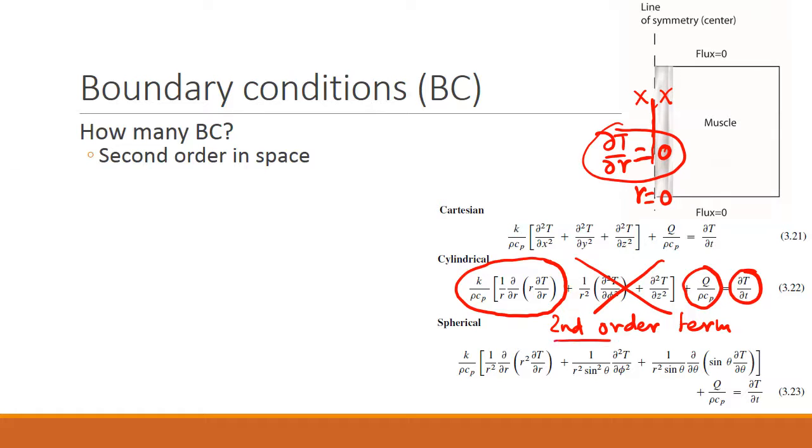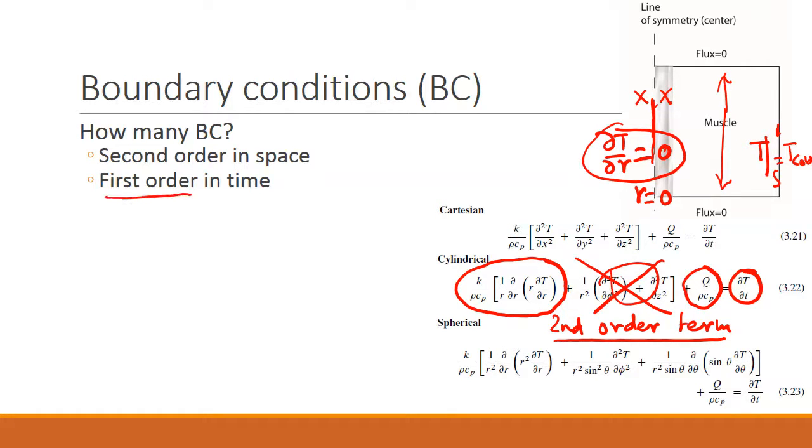But because it's second order, I need a second condition. So here T at the surface is equal to some T of the cold pack. Okay, so now we have two conditions. Notice I don't care about any more boundary conditions because these terms have been dropped.